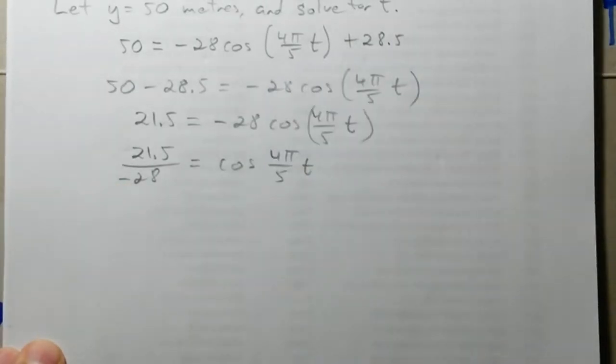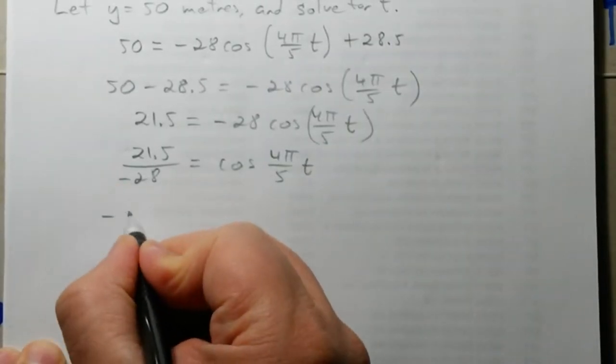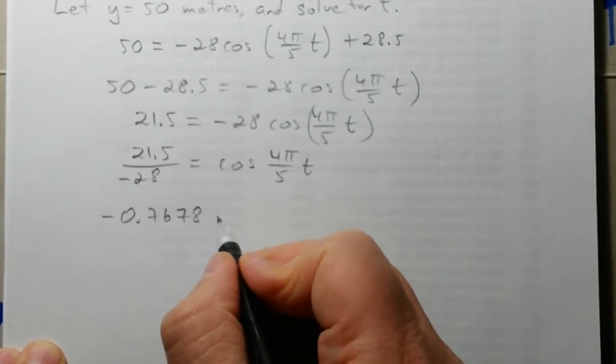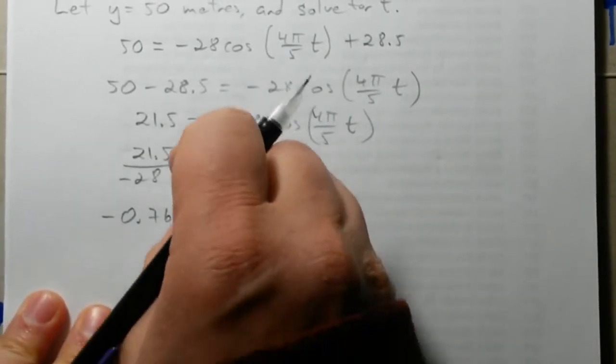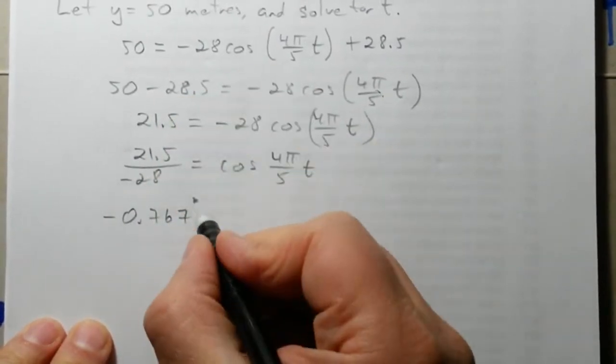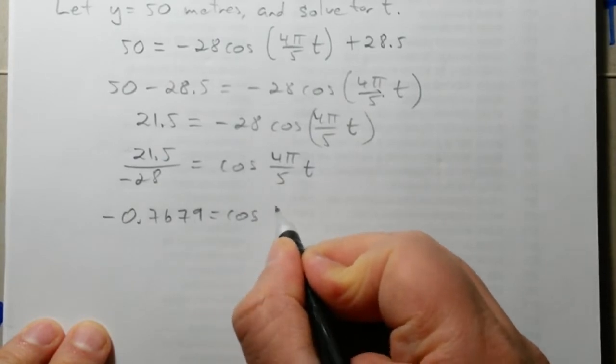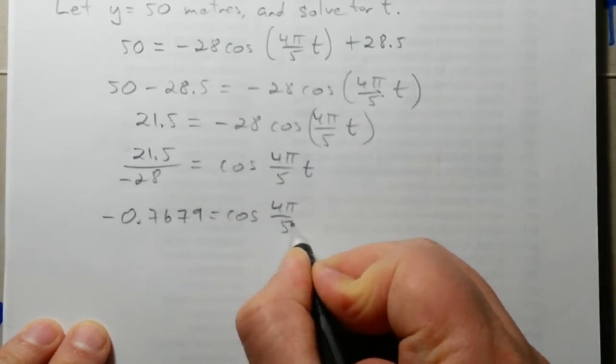So negative 0.7679 equals cosine 4 pi over 5t.